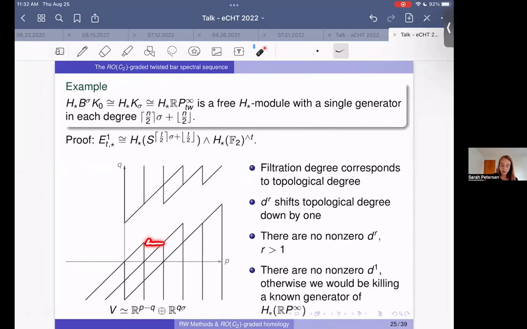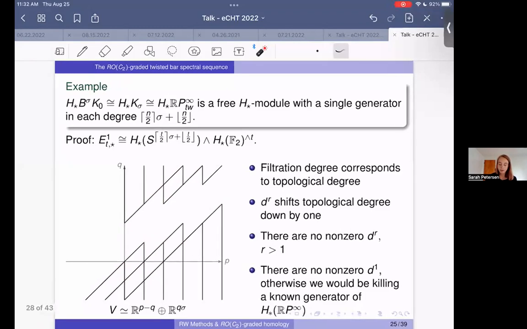But if that were the case, then we'd kill off this entire double cone. And we know the homology of the underlying space is RP infinity. And if we killed this off, we would then have nothing left in degree 1, which would be a contradiction. So we can't have any non-zero differentials, and the spectral sequence collapses.